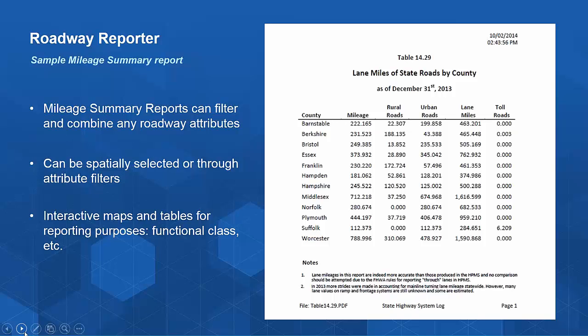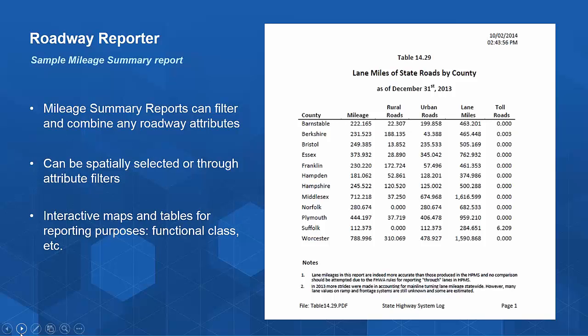So if you think about the number of times you've had to summarize roadways by functional class or similar characteristic, then you understand how easy the standard report generator really is. And instead of always having to generate a custom query to generate those reports, a simple selection tool easily walks you through the report generation, bringing these capabilities to the common user rather than to the GIS or database expert.